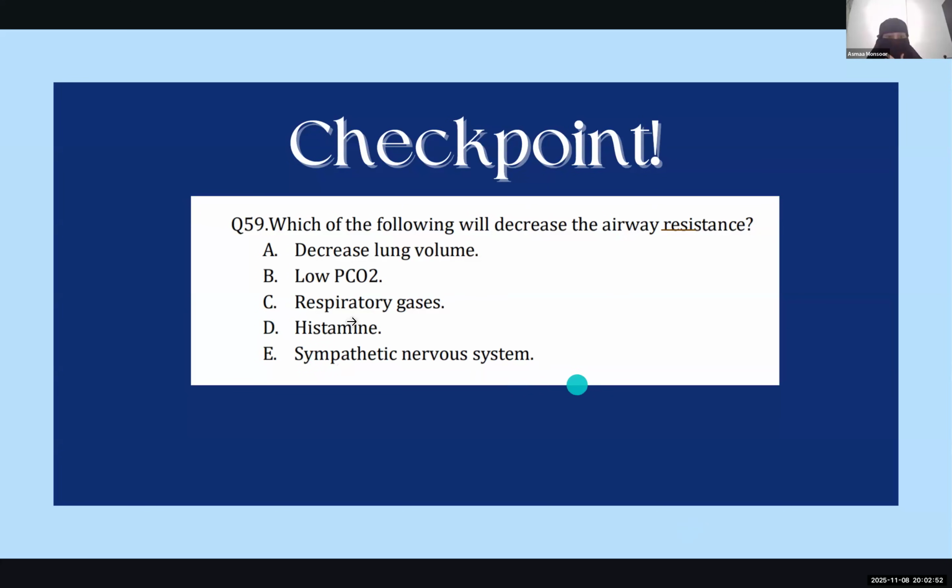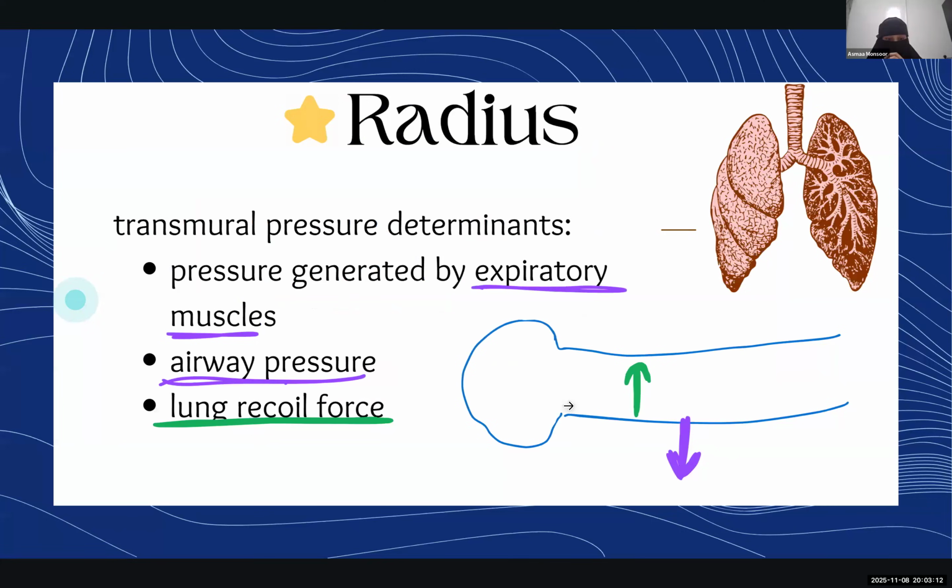So D is histamine. What's histamine? Histamine is a chemical. These chemicals act on the airway. They act on the smooth muscles, making them bronchoconstrict. If they bronchoconstrict, what will happen to the resistance?